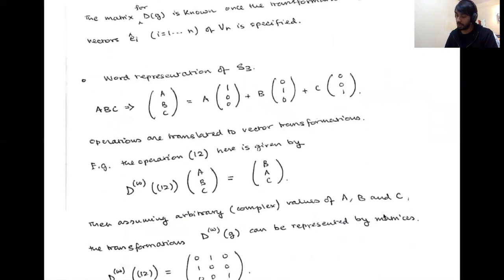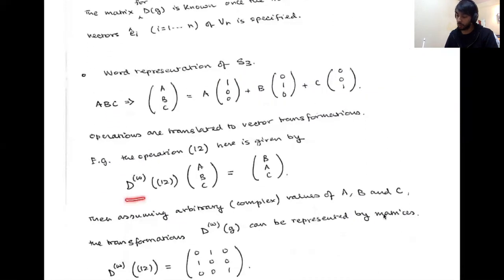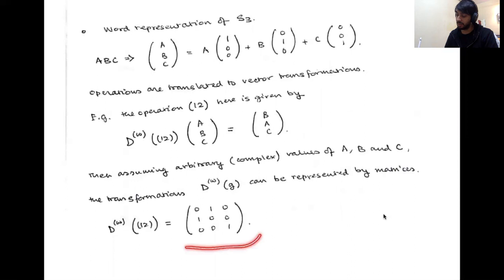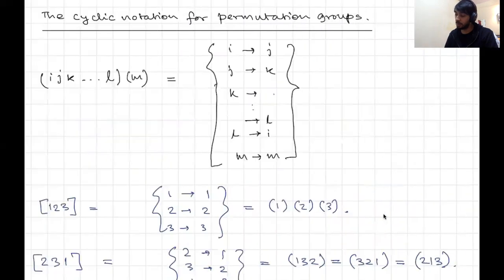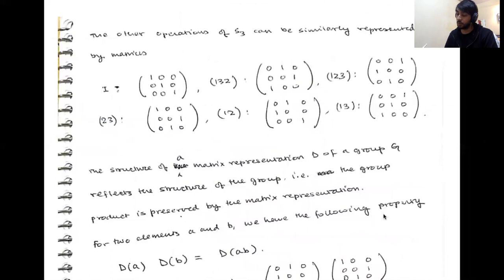I showed you that these operations, for example the 1-2 operation which exchanges 1 and 2, would be given by a matrix which took the vector ABC to the vector BAC. Similarly, you could find out what the other elements of S3 were.